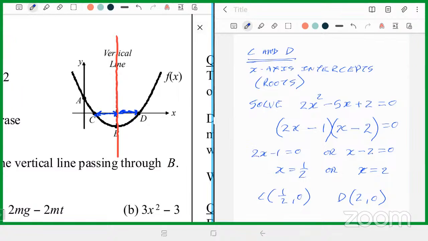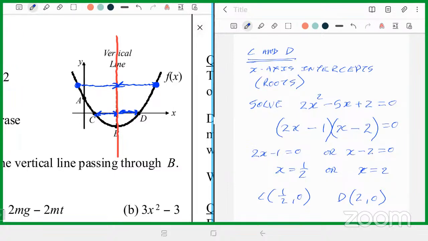Same distance. And the same thing goes for any point that has the same y value. The distance from the axis to this point over here is the same distance to this point over here that would have the same y value. Those distances are the same.